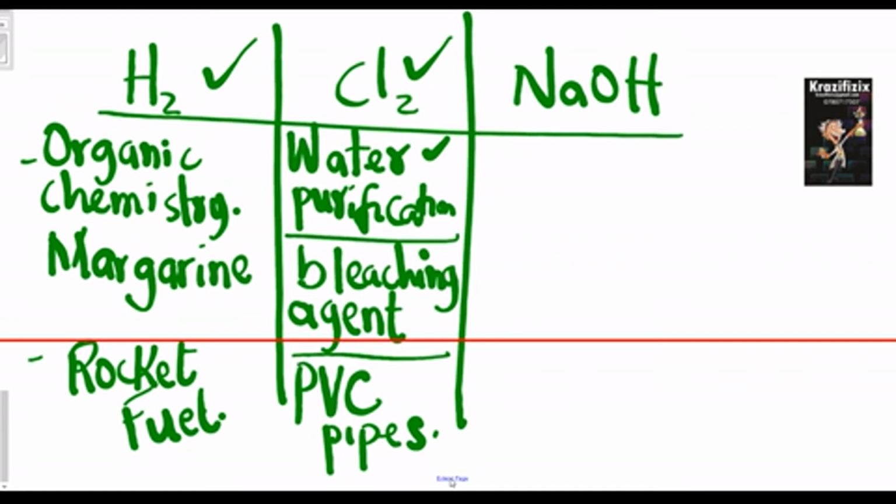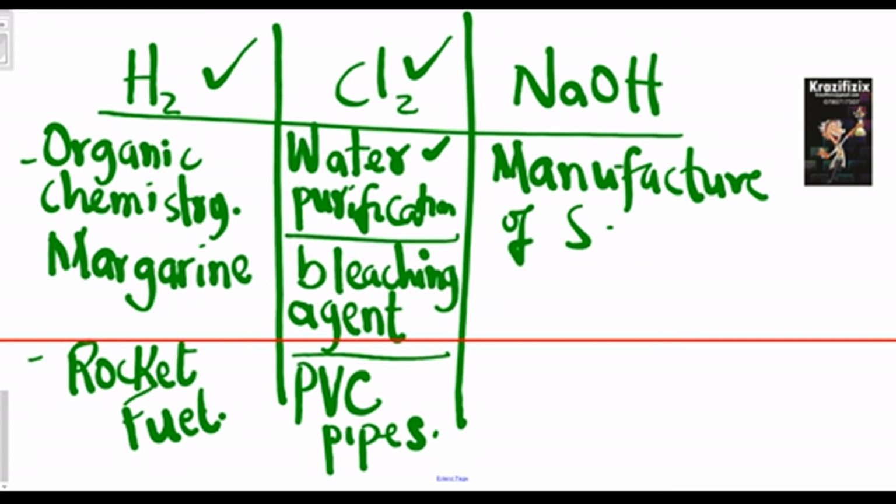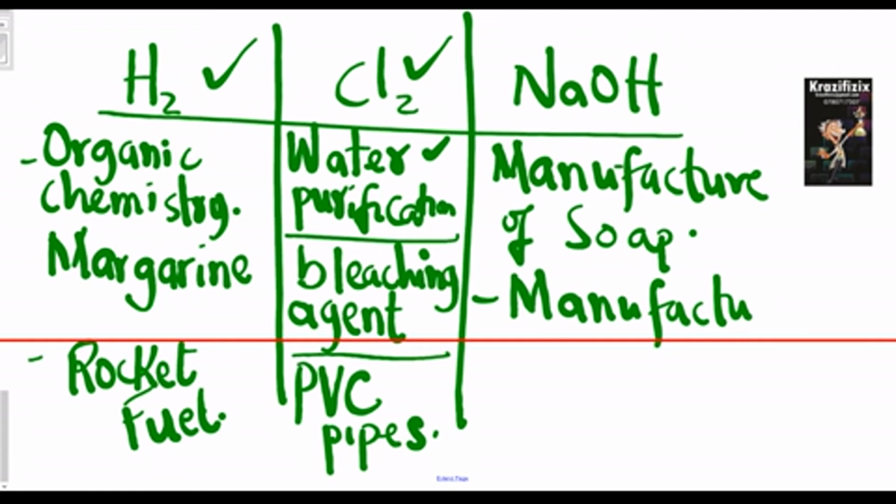What about sodium hydroxide? Sodium hydroxide is basically called caustic soda, and it is used in the manufacture of soap. Very important also. We use soap on a daily basis, and it can also be used in the manufacture of paints. Your paints are made from sodium hydroxide.